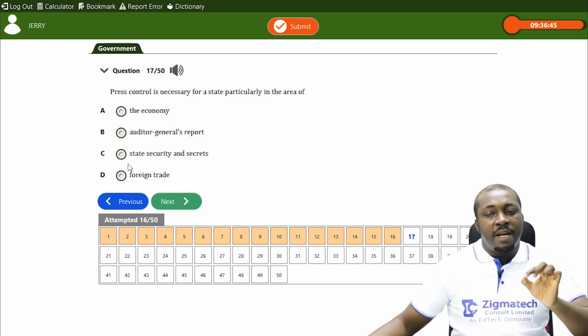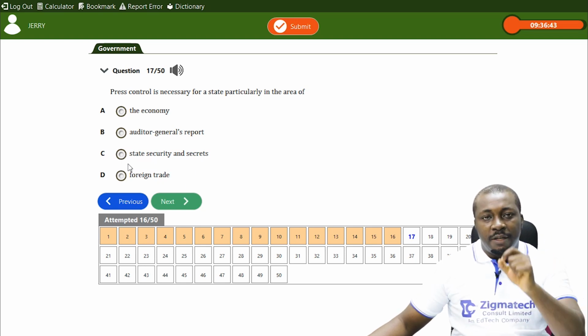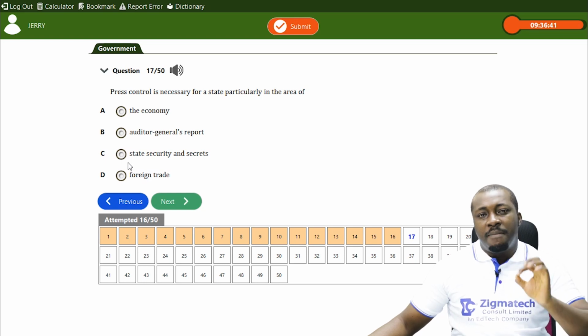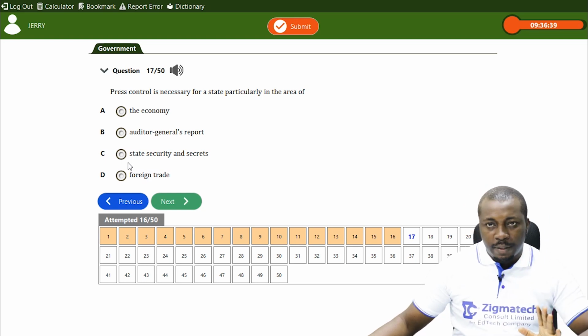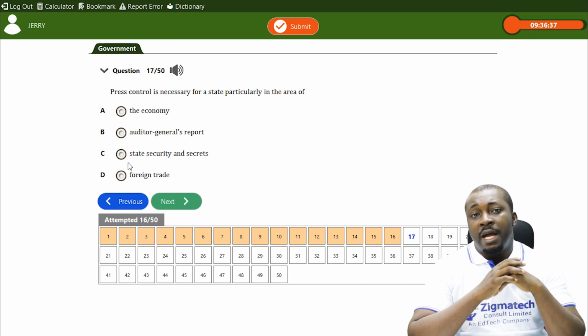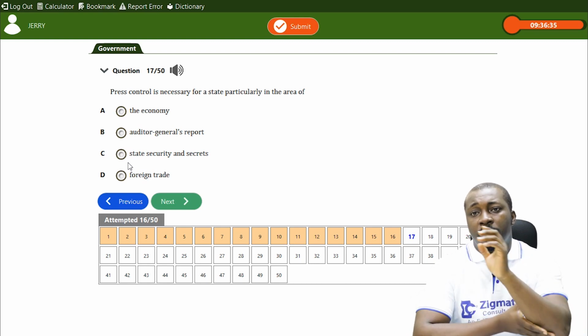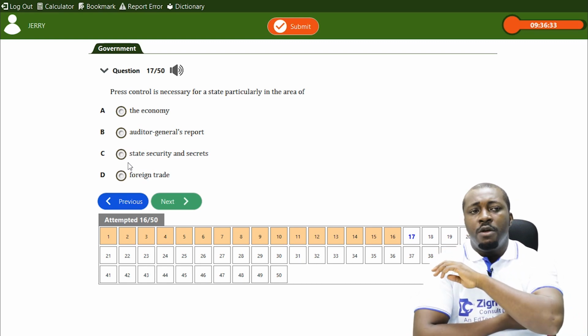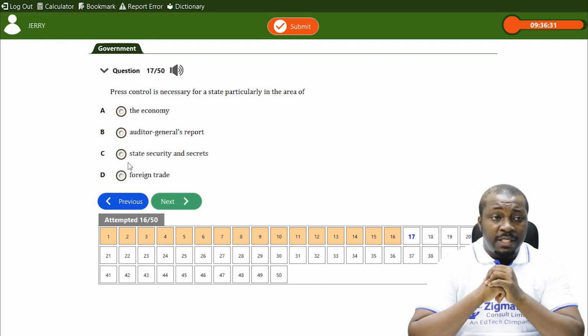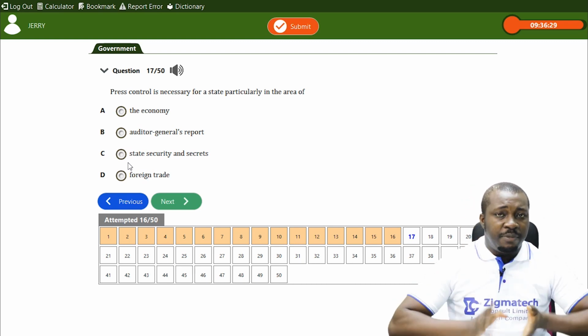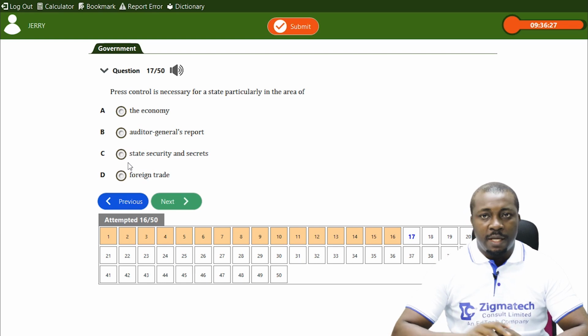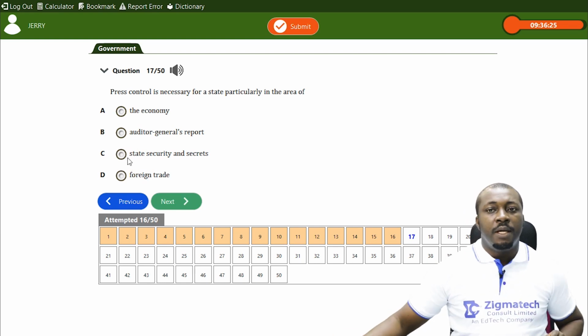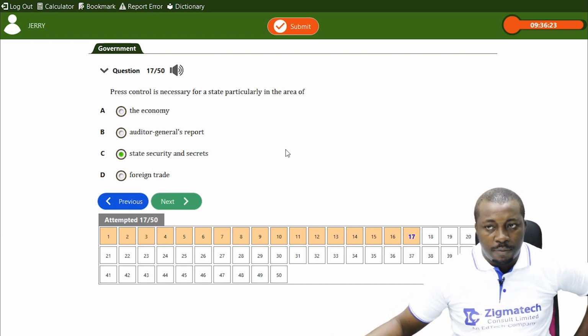Now, whenever there is need to keep state secrets, and when we are talking about security concern that the government will not allow to come out, because when you're dealing with issue of state security, of course, there must be things the government must keep secret from the public, and that is where this press control comes in.